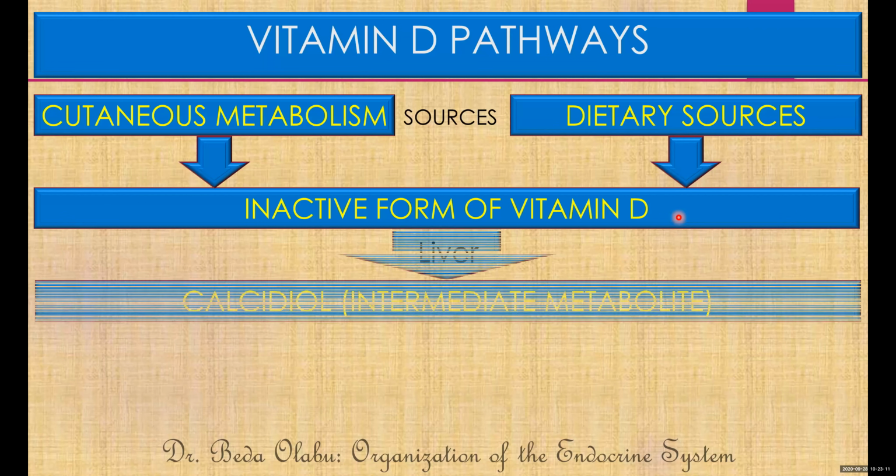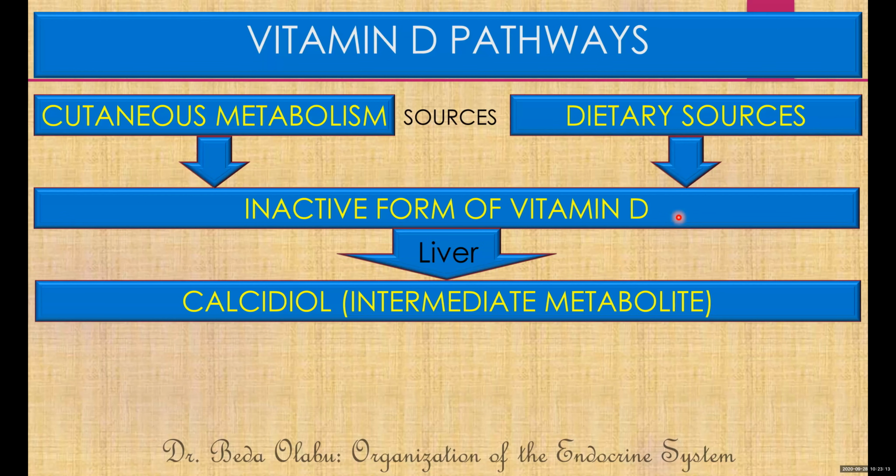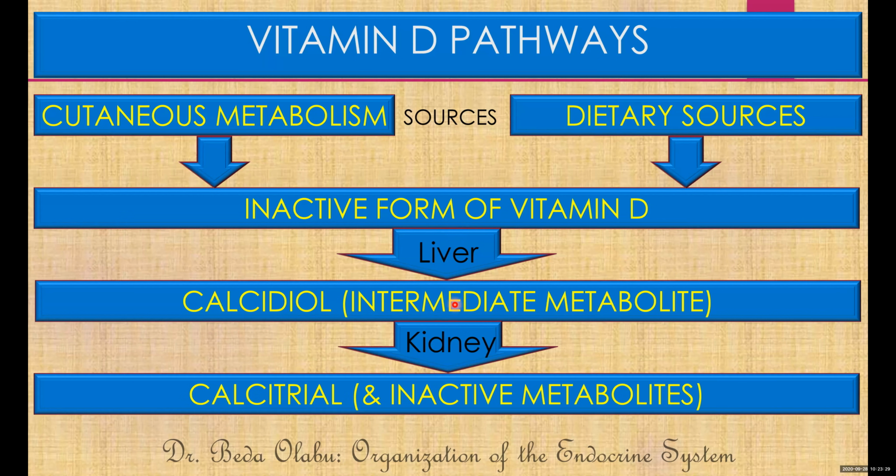This inactive form of vitamin D is converted to what we call calcidiol, which is still an intermediate metabolite, not active. This conversion occurs in the liver. The final activation of vitamin D to its active form, calcitriol, occurs in the kidney.